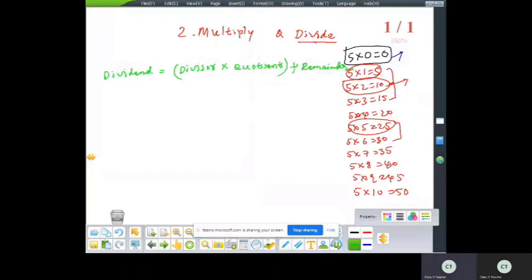In our previous problem, the dividend is 627, the divisor is 5, the quotient is 125, and the remainder is 2. Now verification.